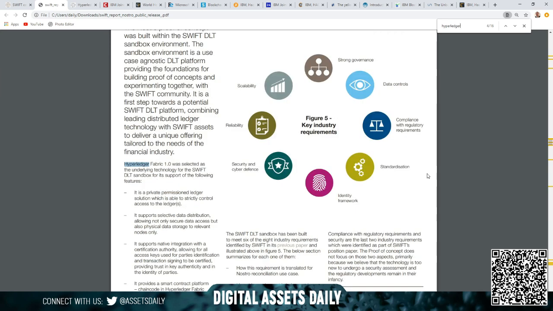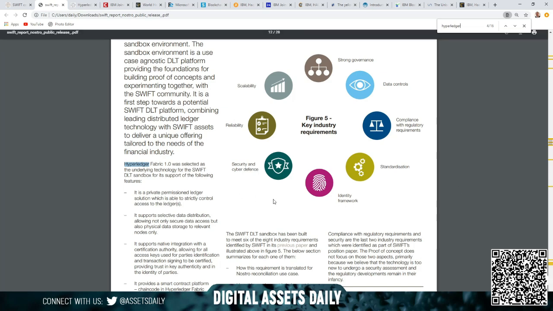So again, it is not exclusive to Ripple and XRP. Just want to be clear with that. There's a lot of misunderstanding and misdirection on that. Here, Hyperledger Fabric was selected as the underlying technology for the Swift DLT Sandbox for its support of the following features.